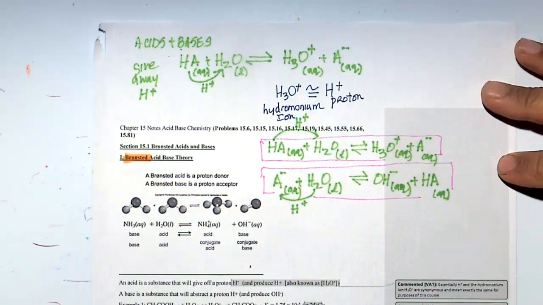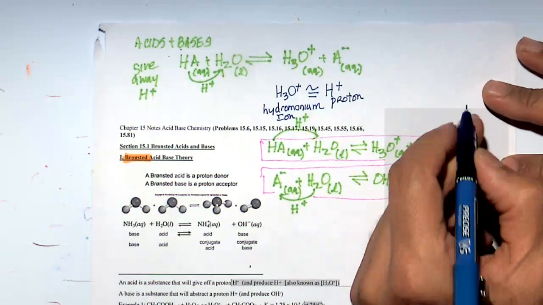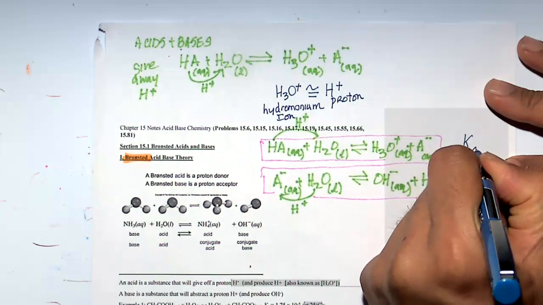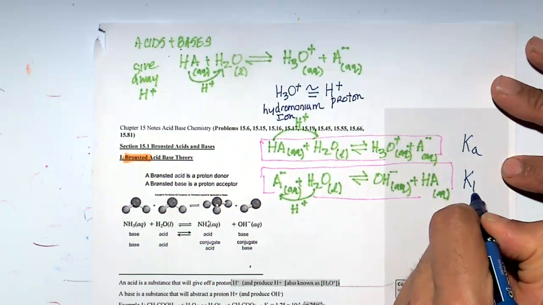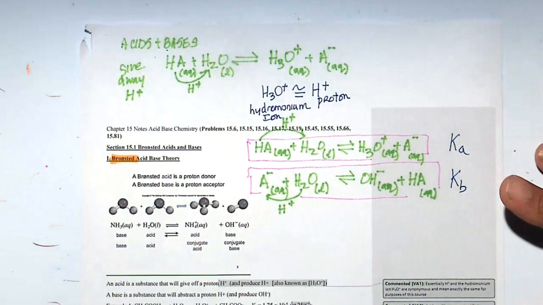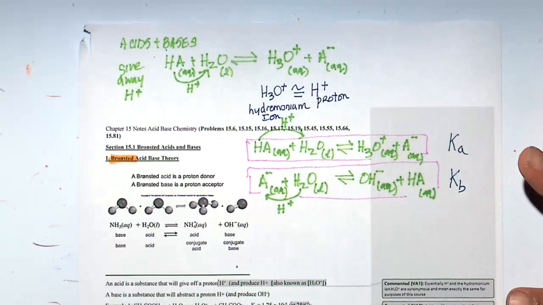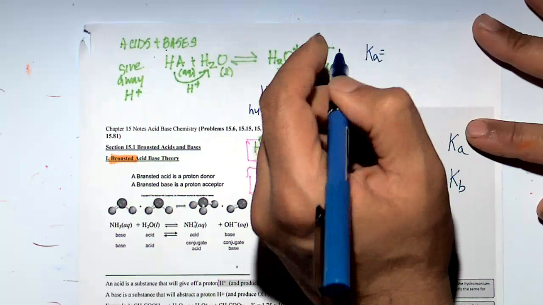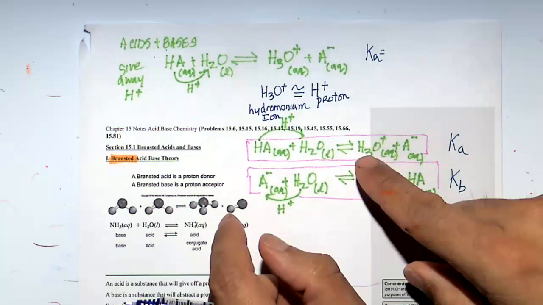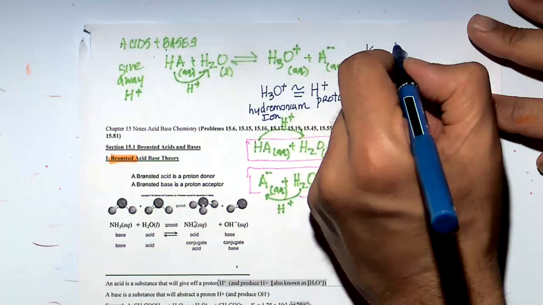We're going to call this reaction up above Ka. We're going to call this reaction down below Kb. Equilibrium constant Ka. Products over reactants.